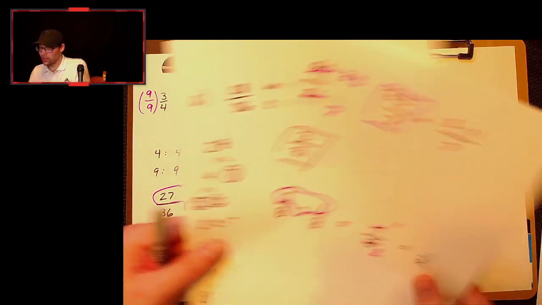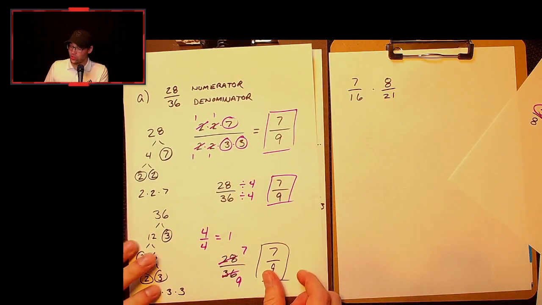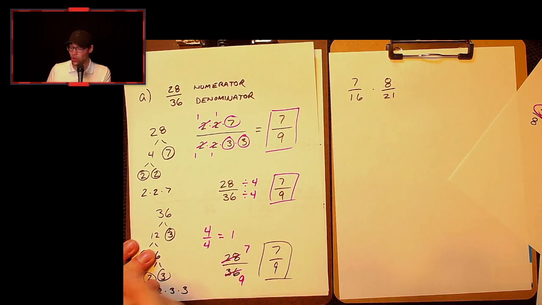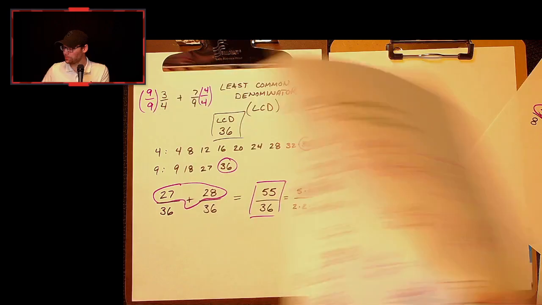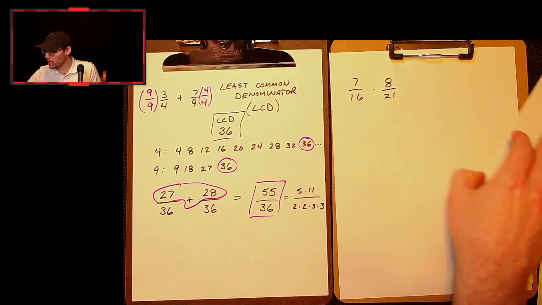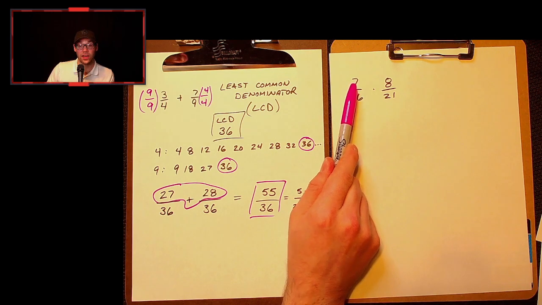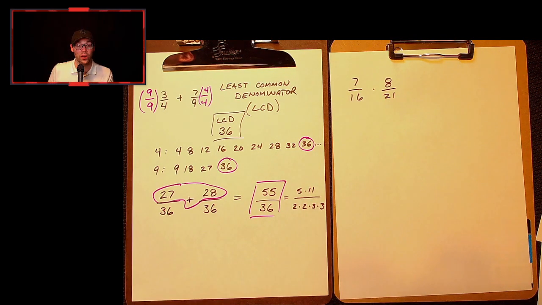We can cancel like factors, or we can use divisibility in anything we see in the numerator and the denominator. So in this particular case, I see I've got a 7 on top, and I've got a 21 on the bottom.